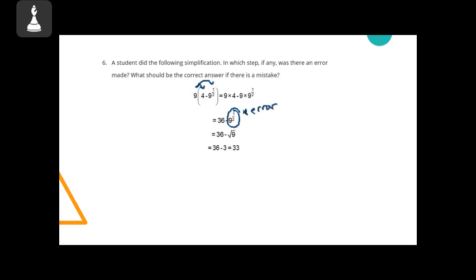This is 9 to the first power times 9 to the 1/2 power. When you multiply like bases, you need to add their exponents. So if you have 1 and you add a half to that, that is 1 and 1/2. 1 and 1/2 is 3/2 as a fraction.